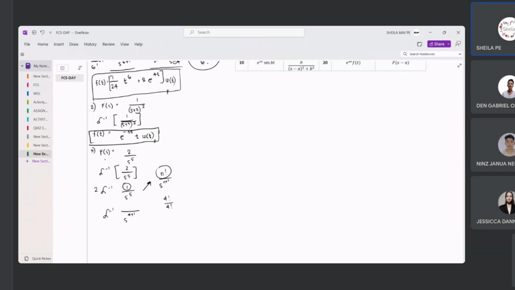So we put the 4 factorial here. Remember we have 2, so put the 4 factorial also here. Okay, and proceed in doing the inverse. So 2 over 4 factorial is 1 over 12. And the inverse Laplace for 4 factorial over s raised to the power of 4 plus 1 is t to the 4.